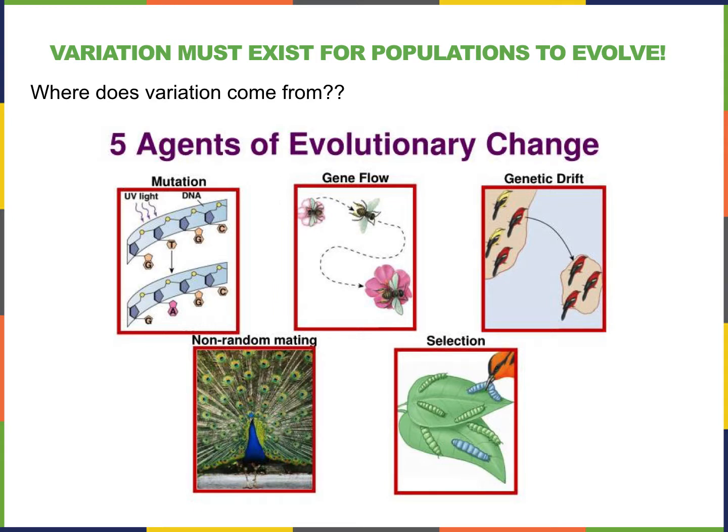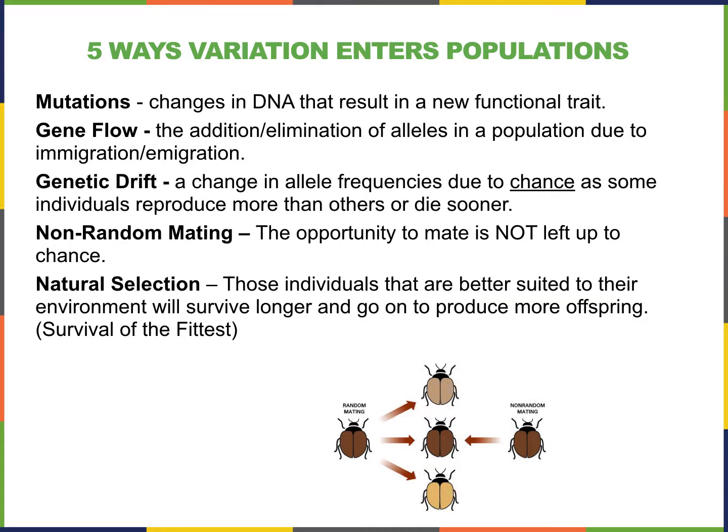So you have to have variation for populations to evolve, and variation can come from mutation, gene flow, genetic drift, non-random mating, and then selection. So just as a refresher, mutations are changes in DNA that result in a new functional trait, and remember they can be beneficial, harmful, or have no effect.